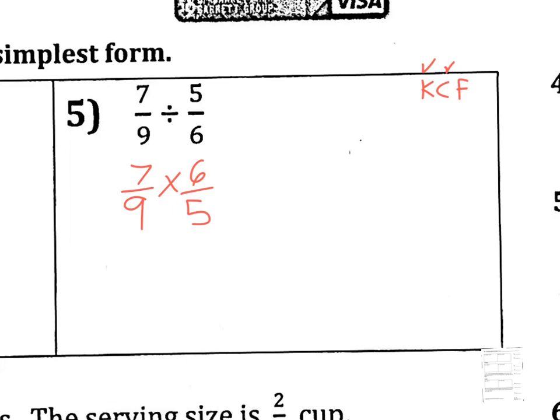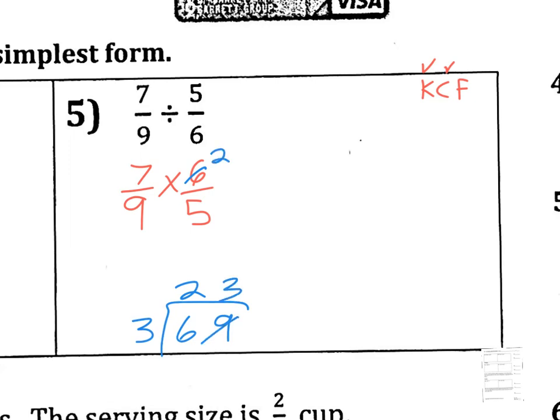So I check for cross products. Do 7 and 5 have any common factors? No. Do 6 and 9? Yes. They have a common factor, so we can do simplifying. So 6 and 9. And 3 goes into both of those. 3 goes into 6 twice. So my 6 turned into a 2. 3 goes into 9 3 times.